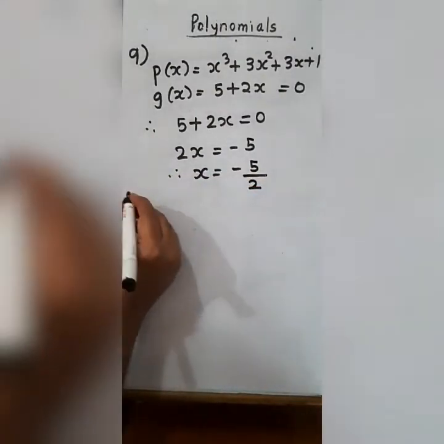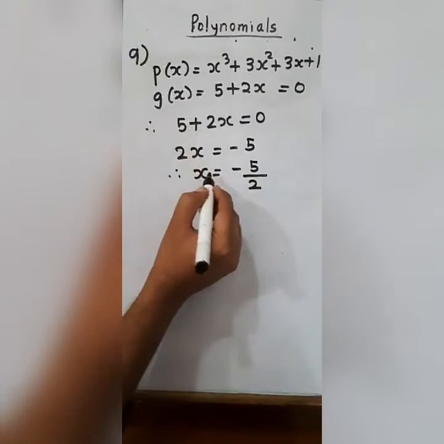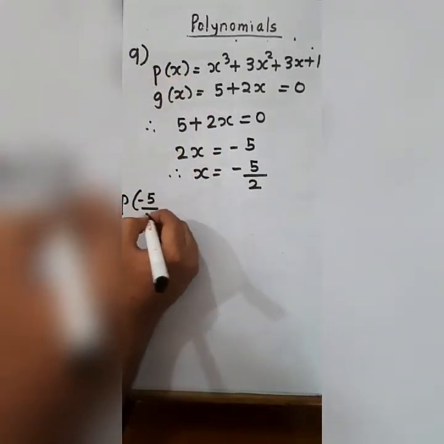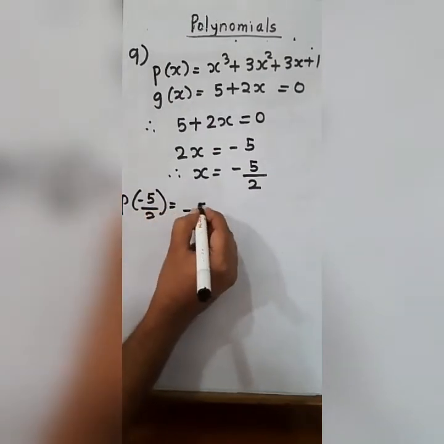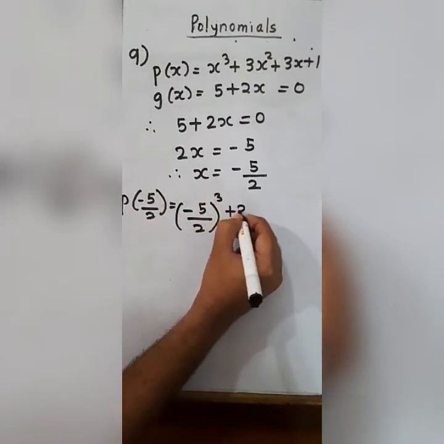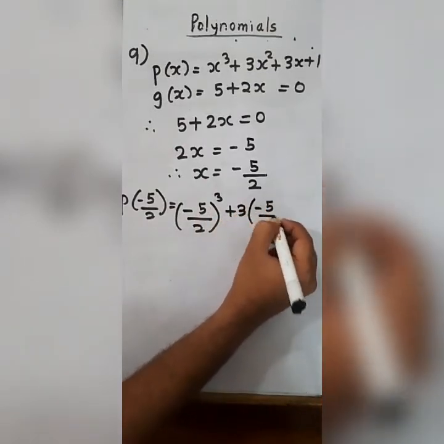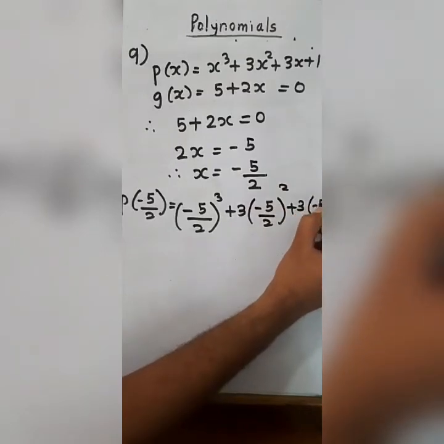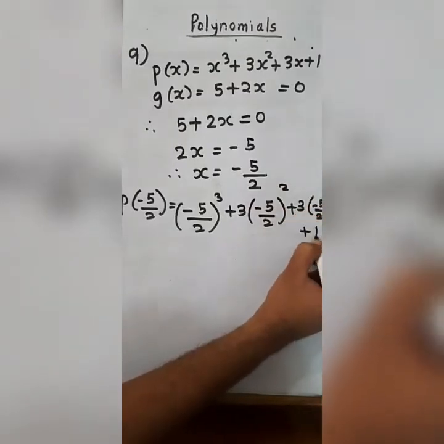Now how will you find remainder? You will put this x value in P of x. So therefore P of minus 5 upon 2 is equal to minus 5 upon 2 the whole cube plus 3 into minus 5 upon 2 the whole square plus 3 into minus 5 upon 2 plus 1.